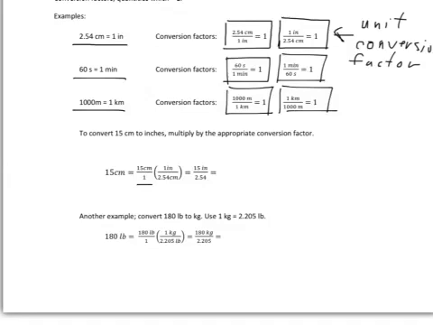And then I multiply that by 1 inch over 2.54 centimeters, that's this conversion factor, which you'll recall is equal to 1. So since it's equal to 1, I know that whatever I get by carrying out this calculation will be the same thing, but now it will be expressed in different units.